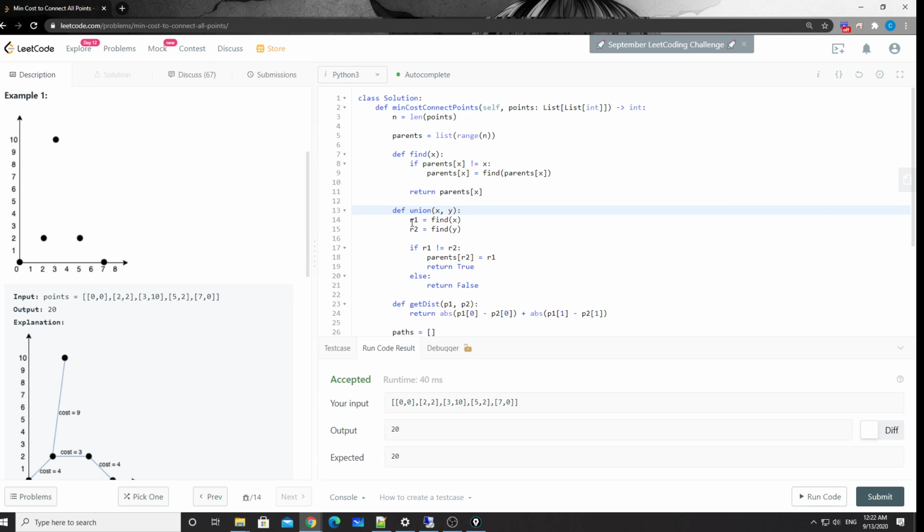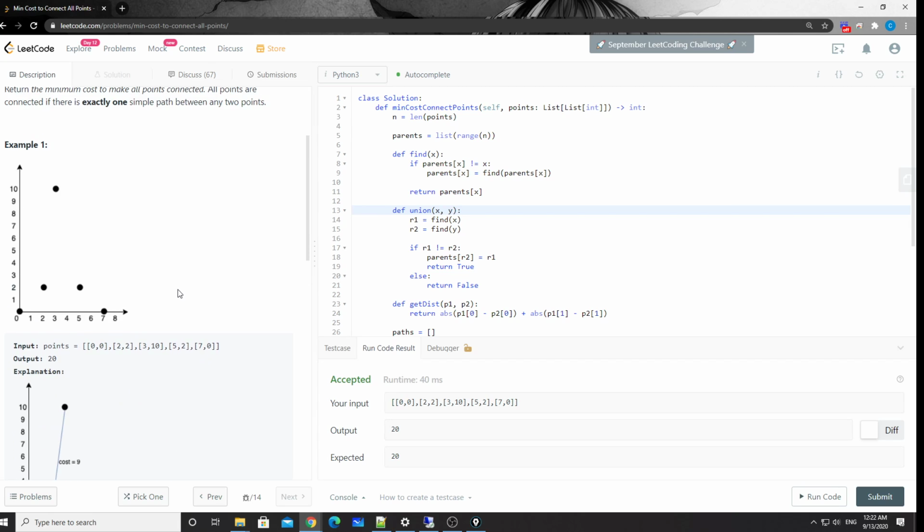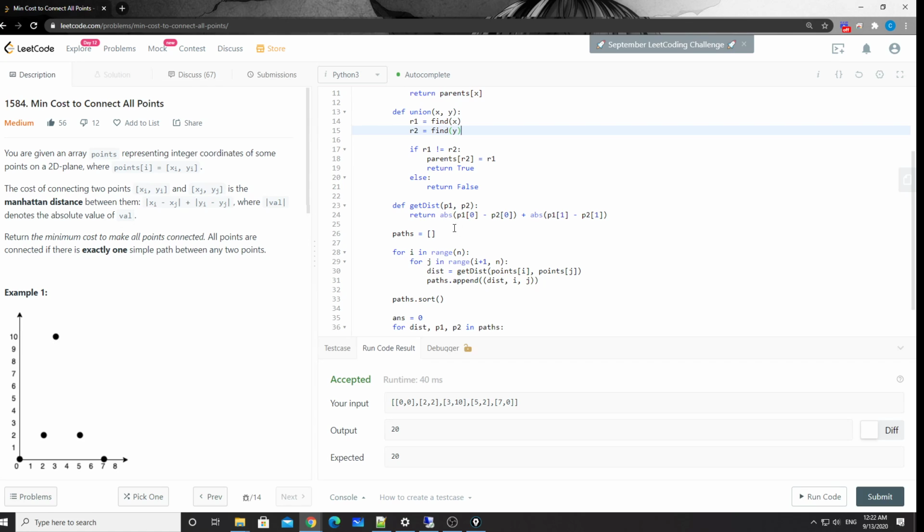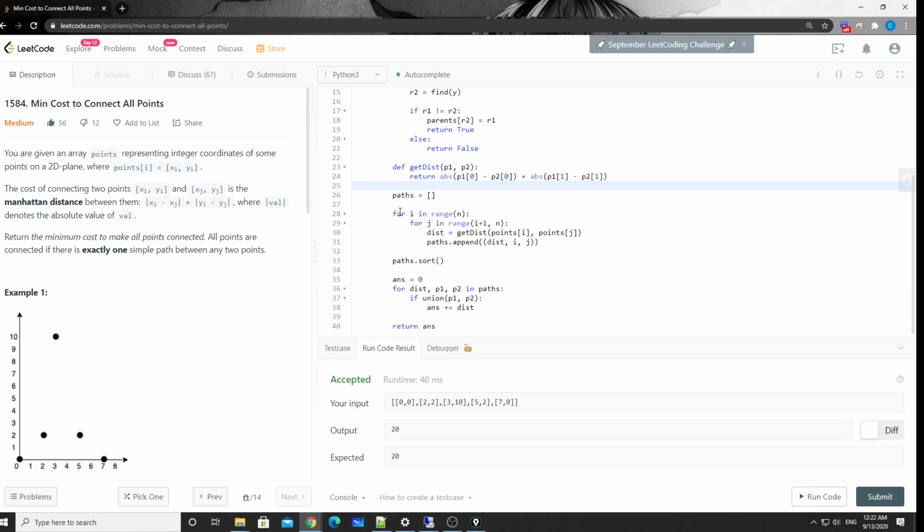After the union find, the problem also asks us to find the minimum cost. In order to do that, we need to pre-calculate all the possible paths with the distance, and then we sort by the distance so that we always pick the minimum distance and then do the union find.